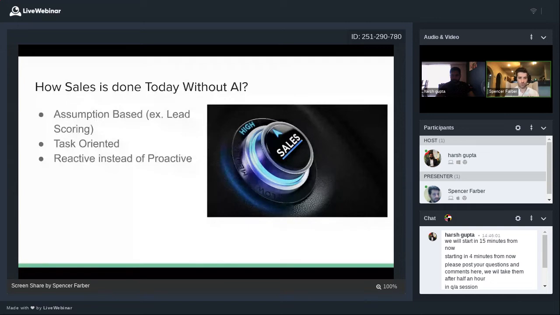And so one thing, first off, we can even mention lead scoring is people are doing things that are assumption based. And so what do I mean by that? When you look at lead scoring, even with fairly advanced models, what people are usually doing is they're looking at a group of criteria. For example, if a website link was clicked, if a document was viewed, if they've opened emails, etc., and they're basing it on points.